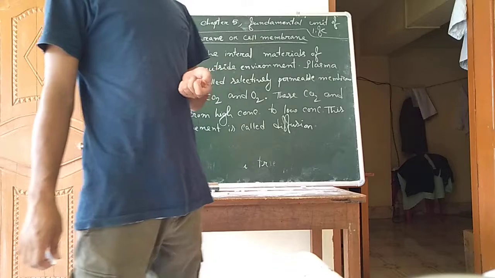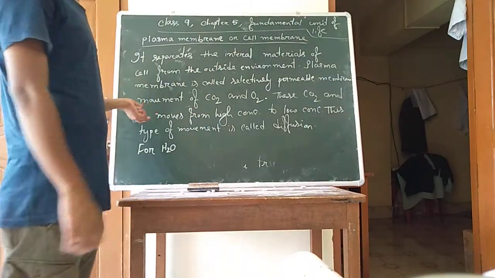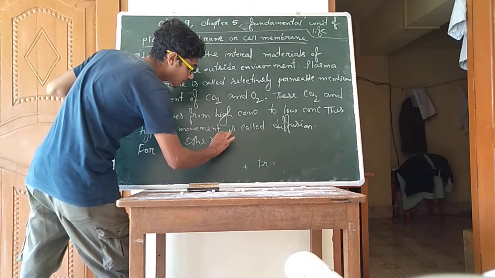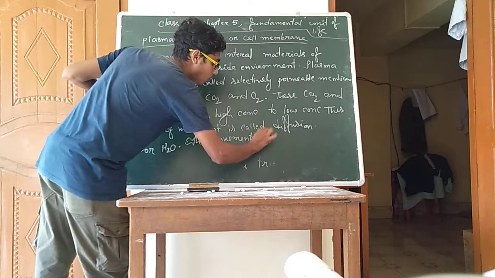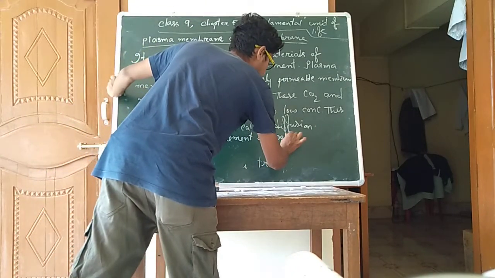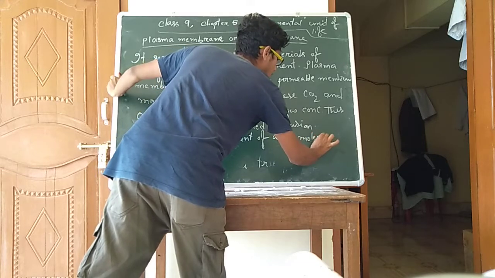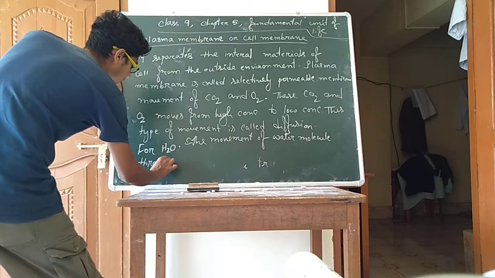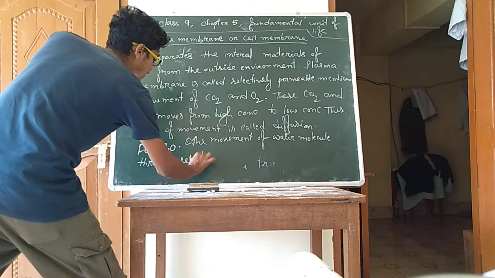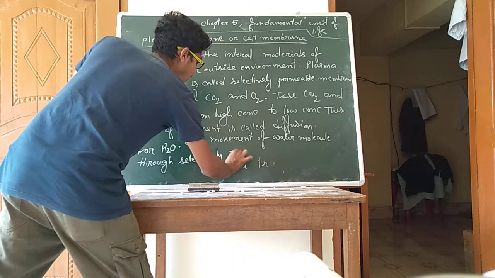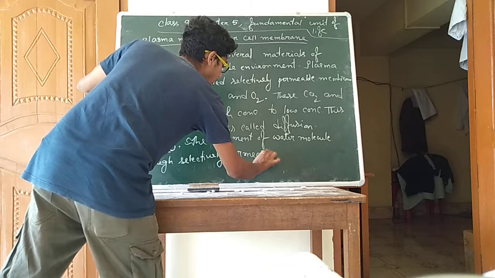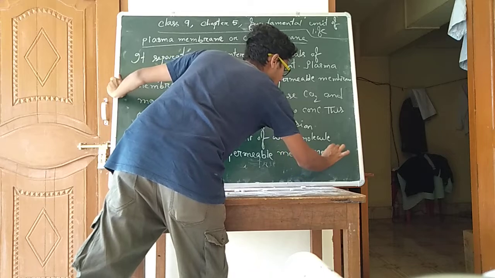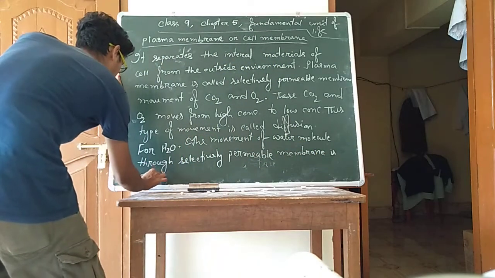So the movement of water molecules through a selectively permeable membrane is called osmosis.